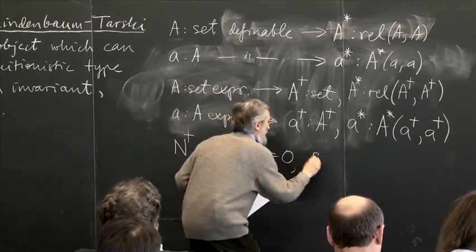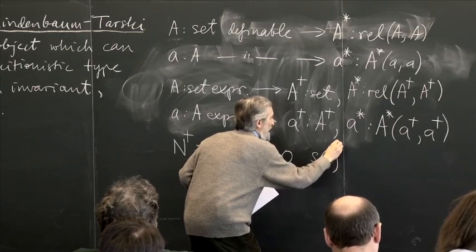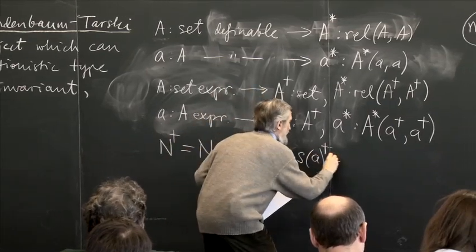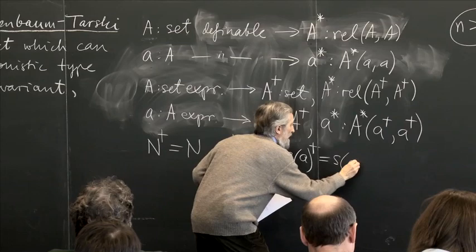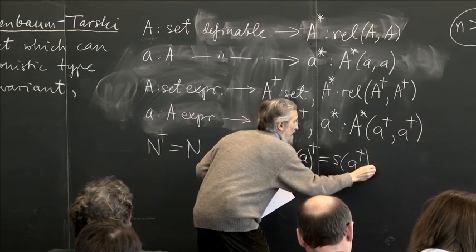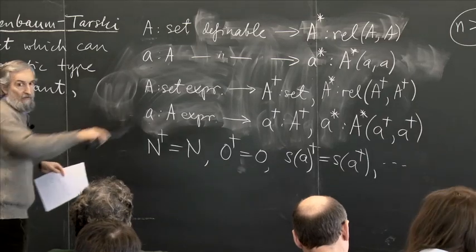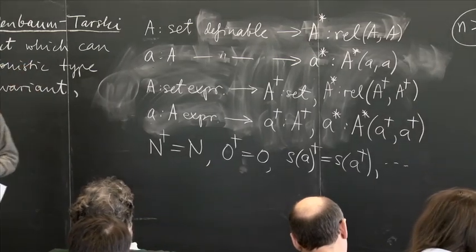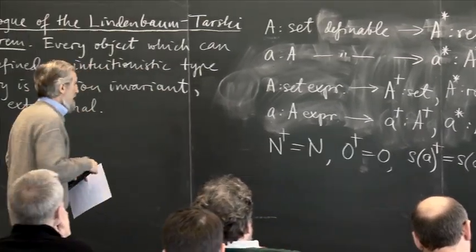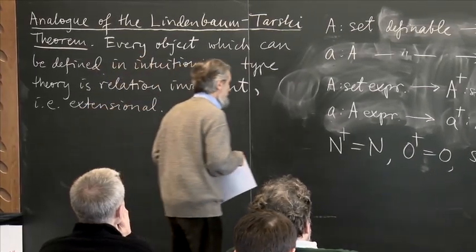And if we have the expression S of a, its intended interpretation is the successor of the intended interpretation of a, et cetera. It's those equations that define the intended interpretation or the standard model.